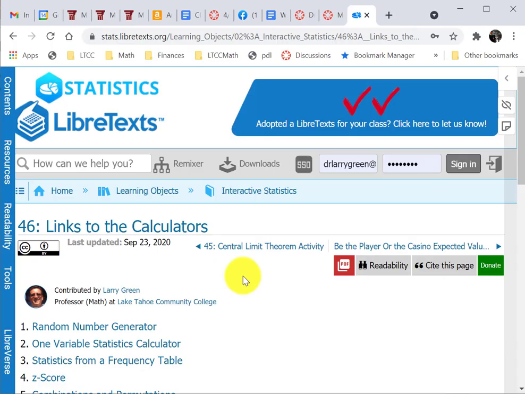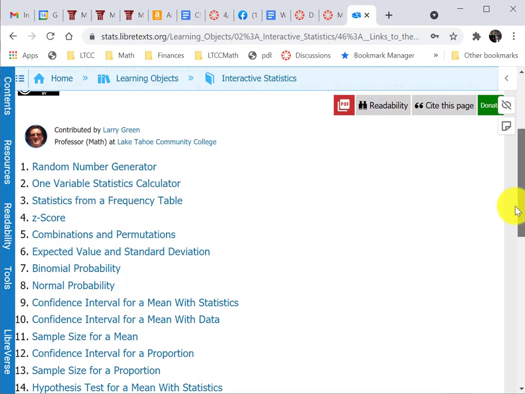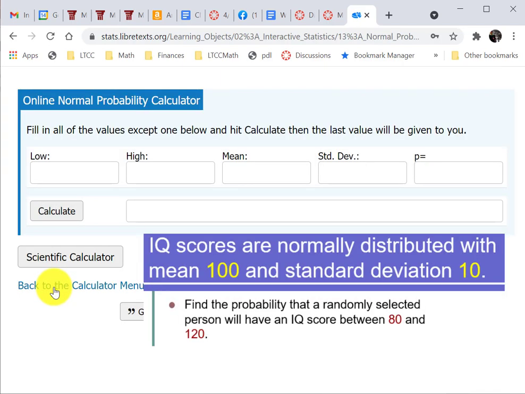So here's the calculator, and I need to scroll down a bit. I'm going to go to number 8, which says normal probability. It asks for the low, the high, the mean, the standard deviation, and the probability. It says fill in all the values except one and hit calculate, and then the last value will be given to you.